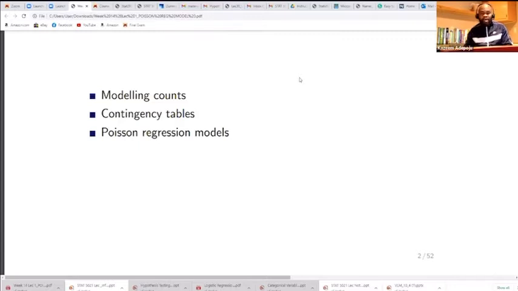Of course, we also use Poisson regression to analyze contingency tables. You remember when we were dealing with the analysis of categorical variables, we always had a cross tabulation of the two variables. So Poisson regression can also be used in that regard.